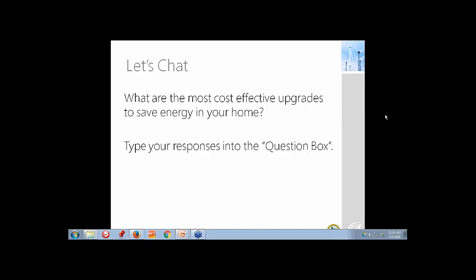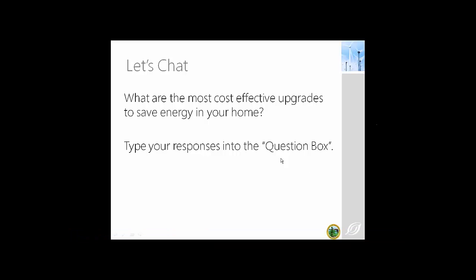So our first one was insulation. Anybody else have any ideas? Okay, here's another one. Conservation, reducing load. Okay. It's a good one.